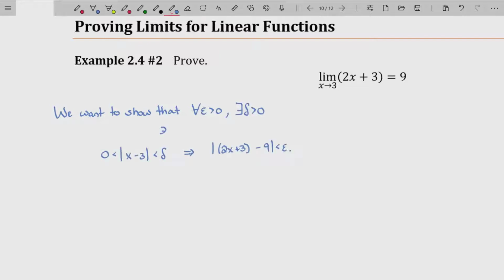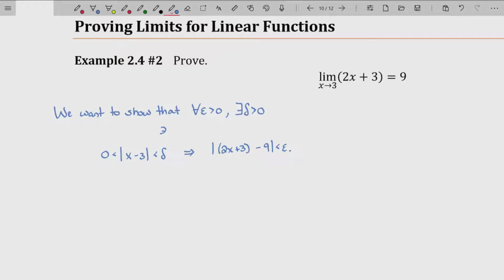So we want to show that for any given epsilon greater than 0, there exists some positive delta, it's probably going to be small, just like epsilon usually is, such that, and remember I talked about that symbolic language in the last video, so I'm not going to repeat it here.